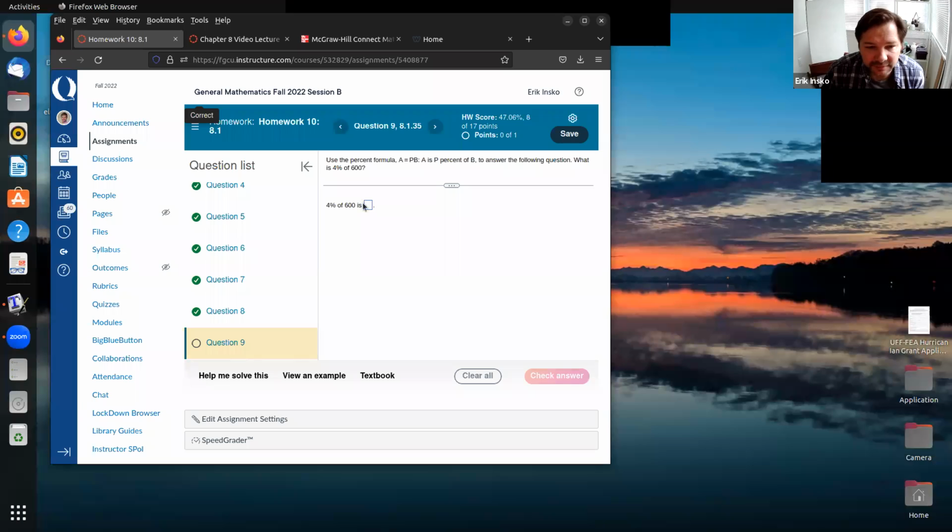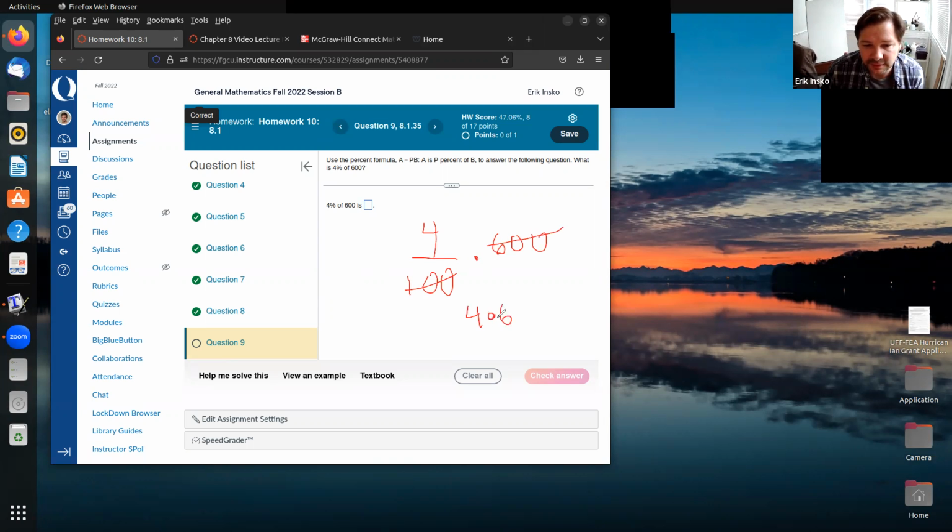Okay, 4% of 600. So here what you're going to do is you're going to write 4% is 4 over 100. And then you're going to multiply by 600. Right? And so what happens? You get 4 times 6 is 24.